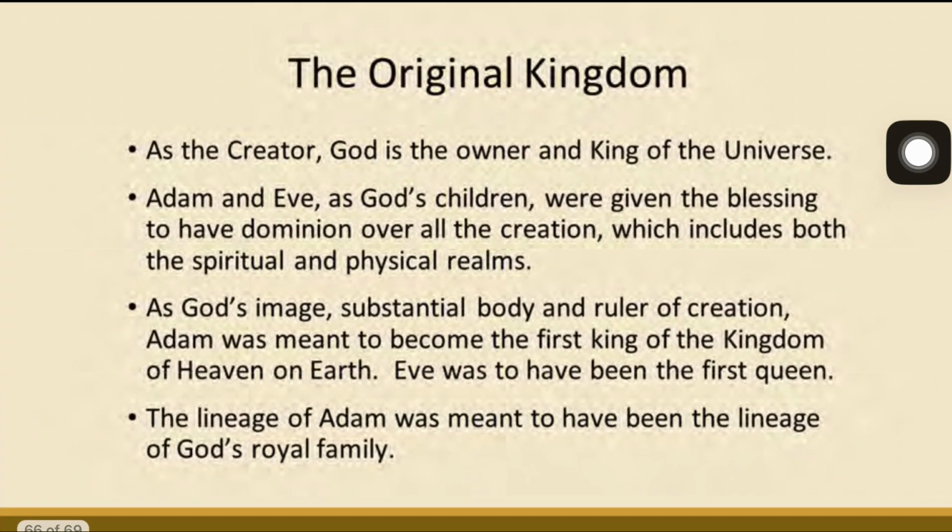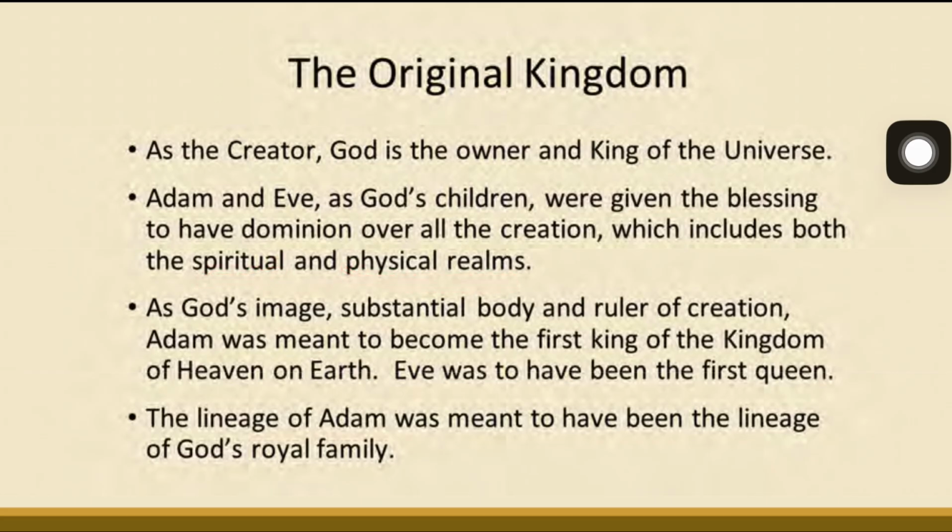So the original kingdom: as the creator, God is the owner and king of the universe. Adam and Eve, as God's children, were given the blessing to have dominion over the creation, which includes both the spiritual world and the physical world.